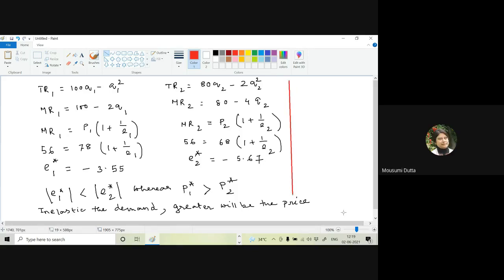Now calculate Lerner's index. It is minus 1 by E, so this is also minus.